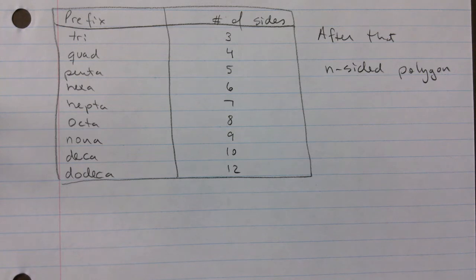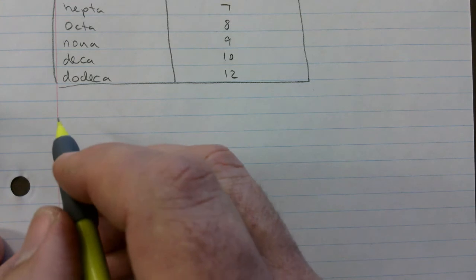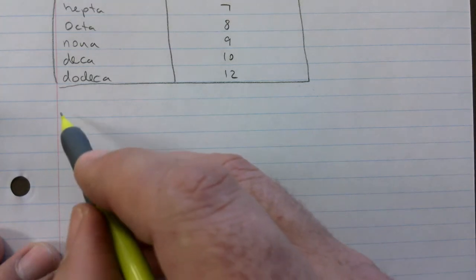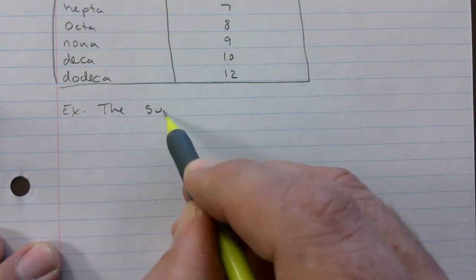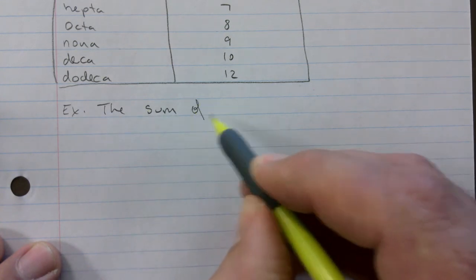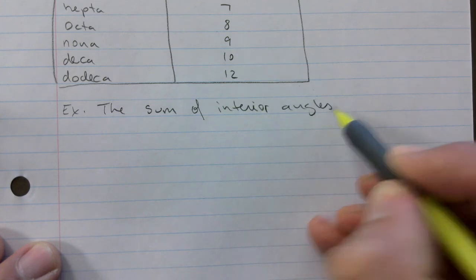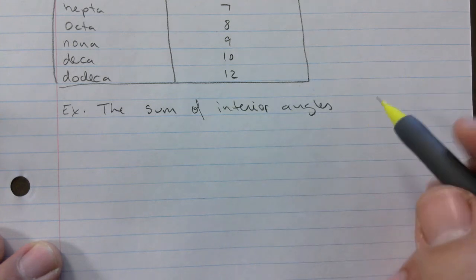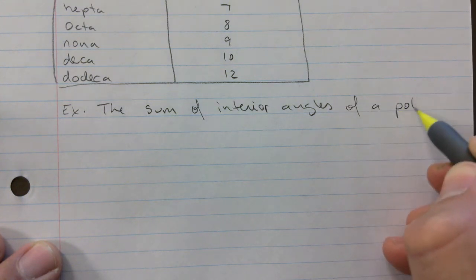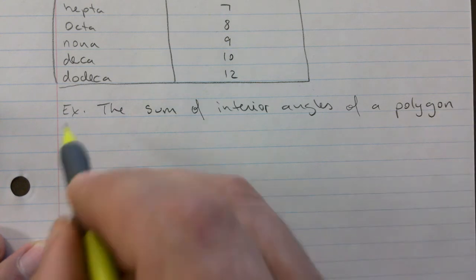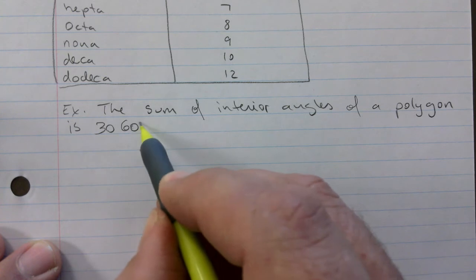We're good? Okay. More examples here. The sum of interior angles of a polygon is 3,060 degrees.